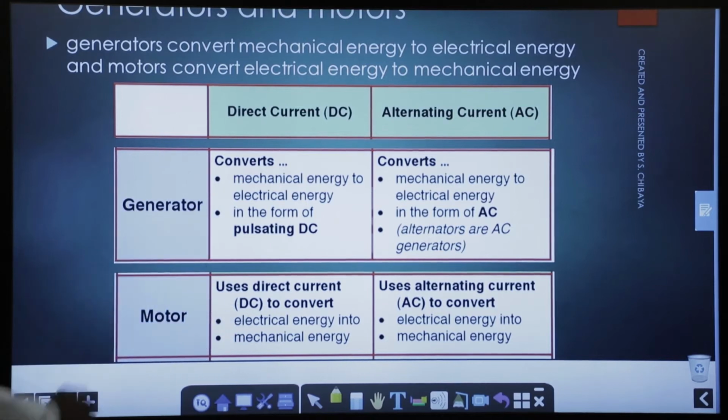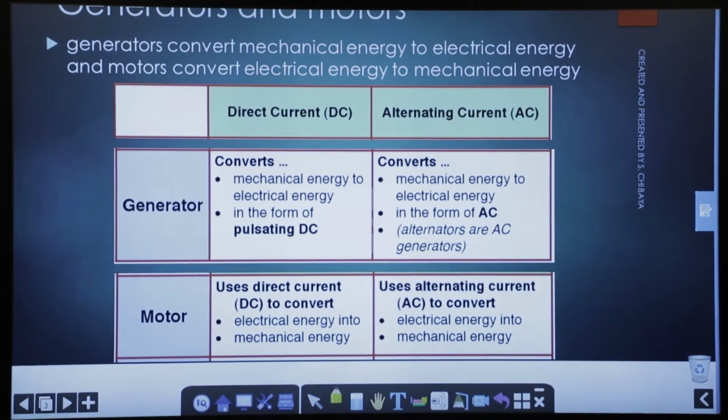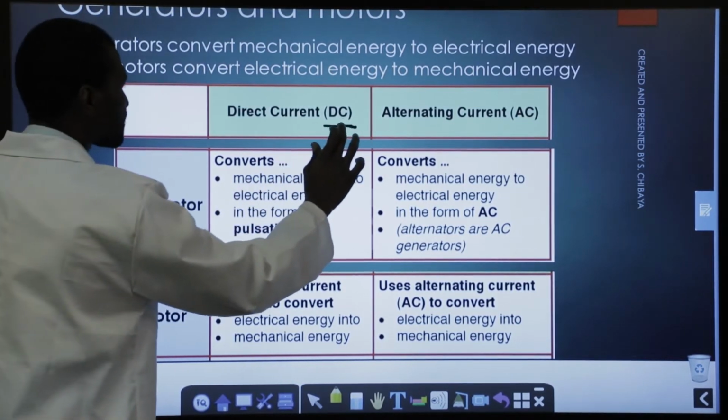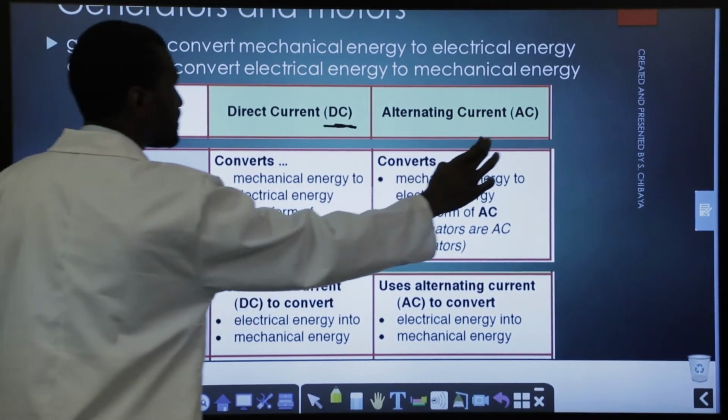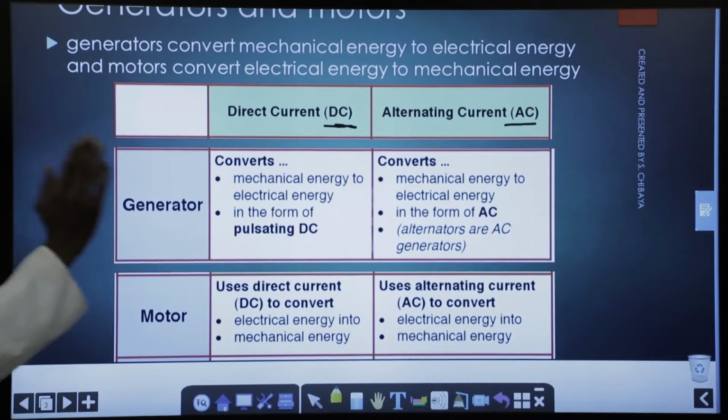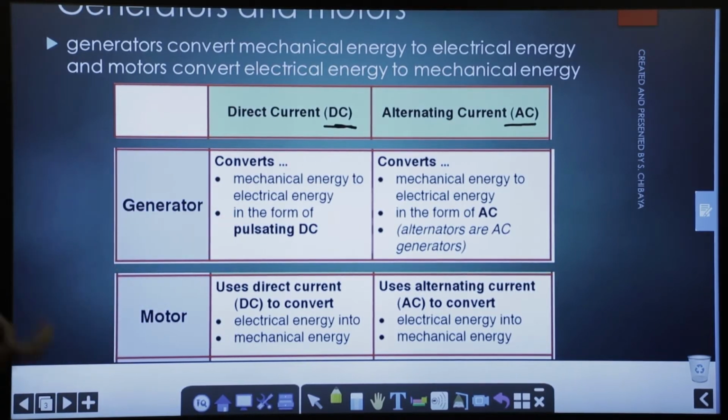Here is a simple table that's just summarizing that. All right, there are two types of generators. There is what we call the DC generator and an AC generator. DC just means direct current, moving in one direction. AC means that the current changes in direction.